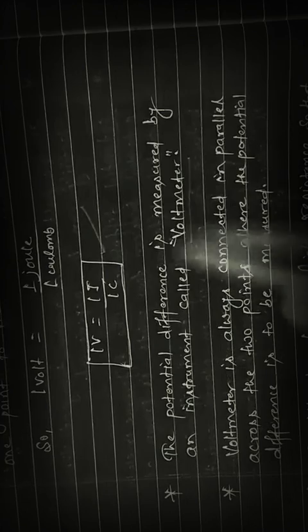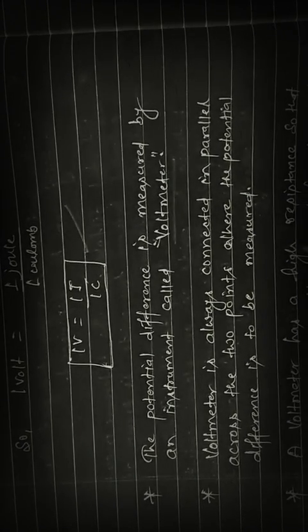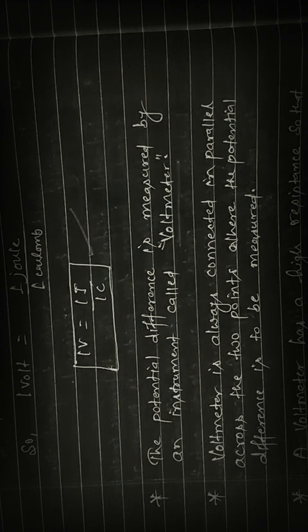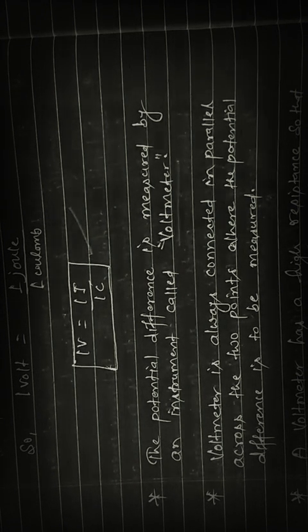Now the potential difference is measured by an instrument called a voltmeter. What is it called? Voltmeter. And current is measured by an instrument called an ammeter.